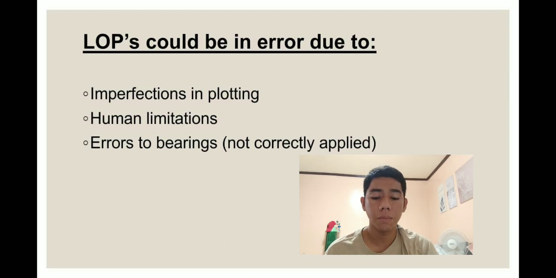Then error in bearing not correctly applied. Error in bearing is when you compute your bearing, and the correct true bearing is, for example, 16.71, then what you put is 15.71. So you can cause an error in bearing because you wrote it wrongly.